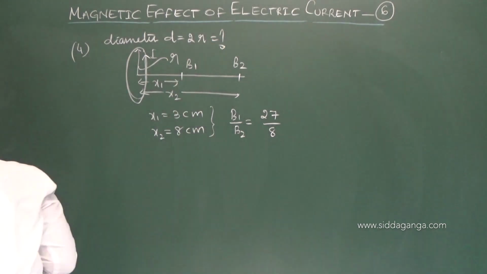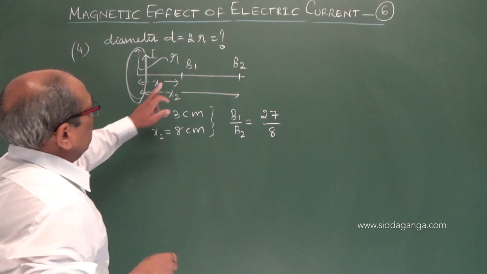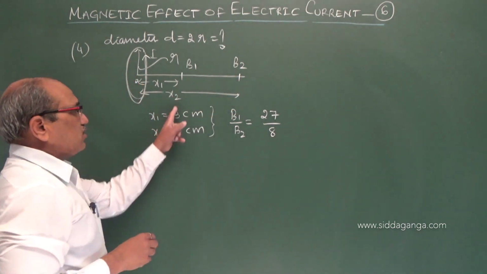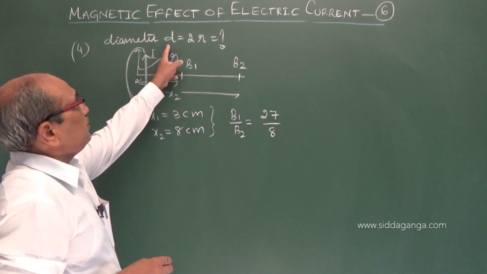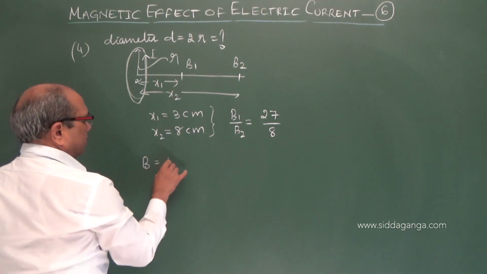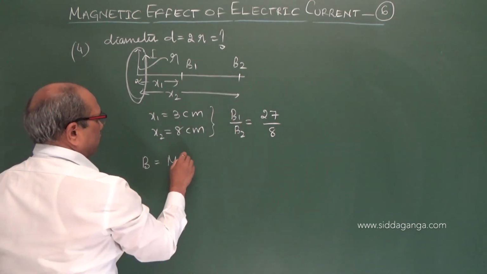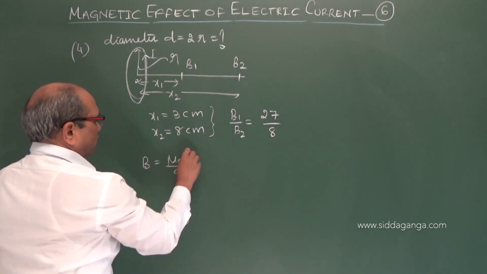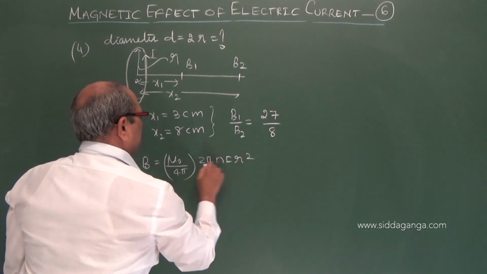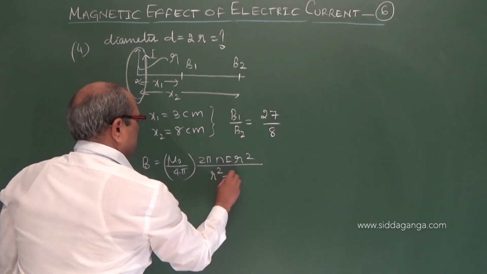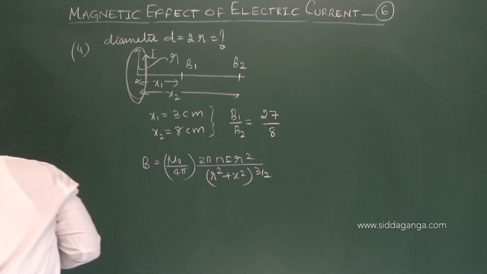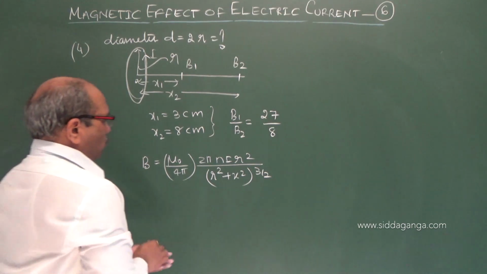How to estimate? You are given the field at 2 different points on the axis, with distances from the center mentioned. The question is on D, which means you have to find R first. You already know the field along the axis of the coil is mu naught upon 4 pi, 2 pi n I r square by r square plus x square to the power of 3 by 2. Please look into this formula.